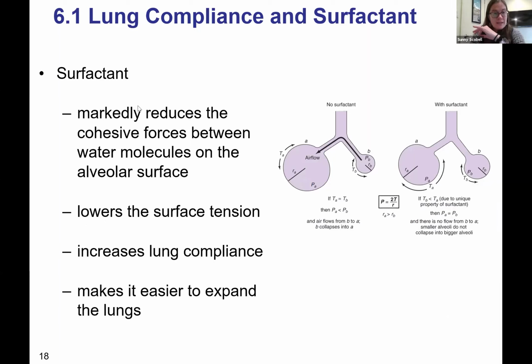So surfactant allows for an equalization that doesn't happen as well without surfactant. So there's sort of this compounding factor that when you have alveoli, they're not all exactly the same size. And as we were just saying, on that larger level, air is always going to flow from higher pressure to lower pressure. So when you don't have surfactant, the smaller of the alveoli are going to be more pressurized, and it's going to have a tendency for air to flow into the bigger ones.